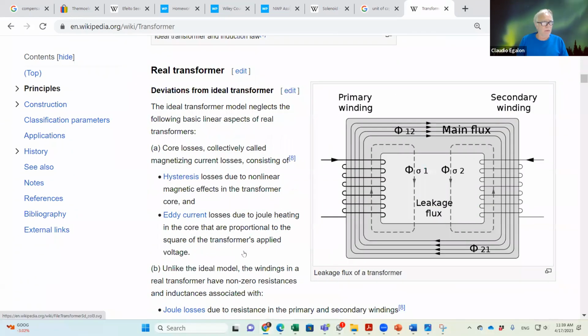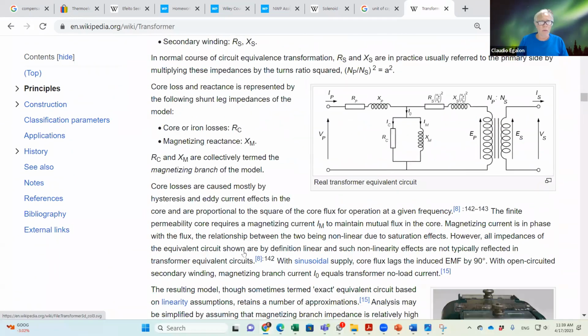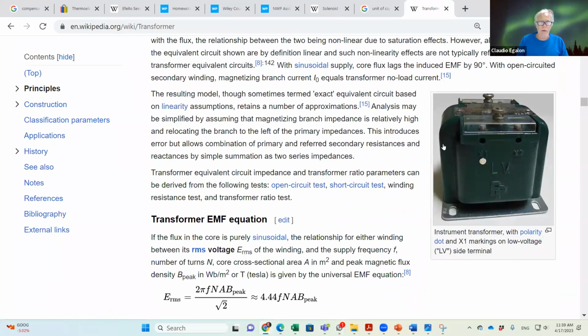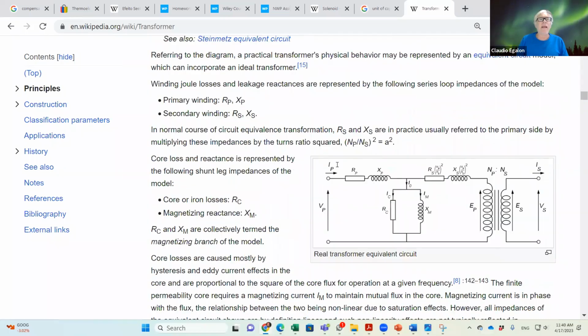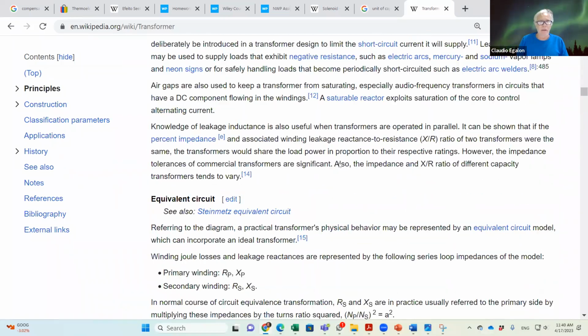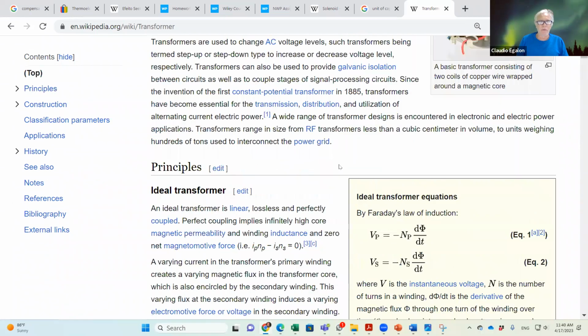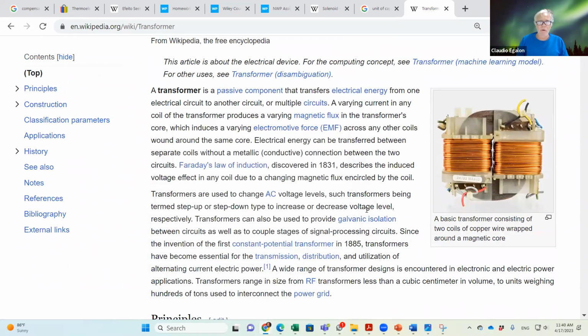And let's see more. Okay, you have an instrument transformer with polarity dot. You cannot see what's inside, but it's something like you saw before in that first picture, right? Let's go back to the first picture. That's how a transformer looks like.